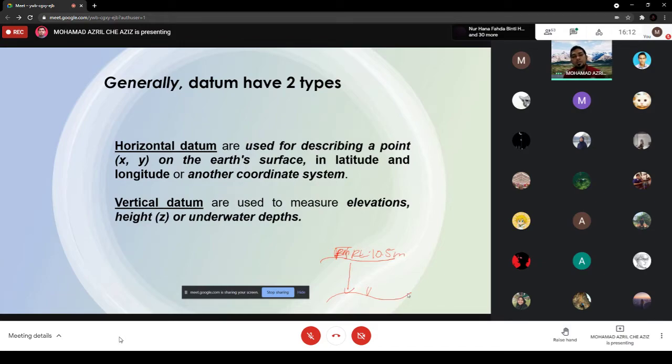Okay, so when you do the traversing in cadastral and engineering, in cadastral you only have the X and Y. But in engineering, you will have the Z value as well.